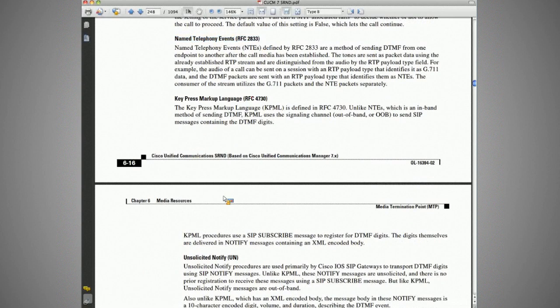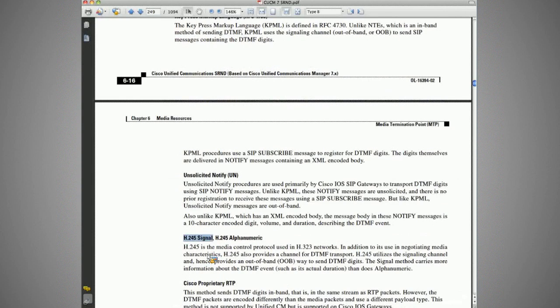Keep in mind, if we're using NTE, we must have an MTP. So if both sides support H.245 signal, that's better, because we do not need an MTP if we're just going from, let's say, an H.323 gateway that supports H.245 signal, and they all do, and, let's say, the CUCM H.323 gateway page or even H.225 trunk page.